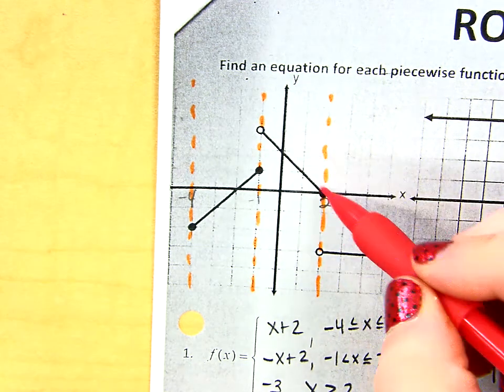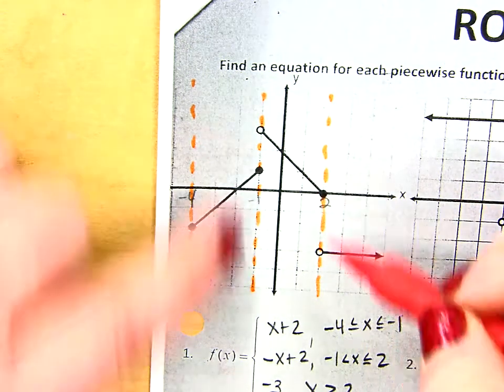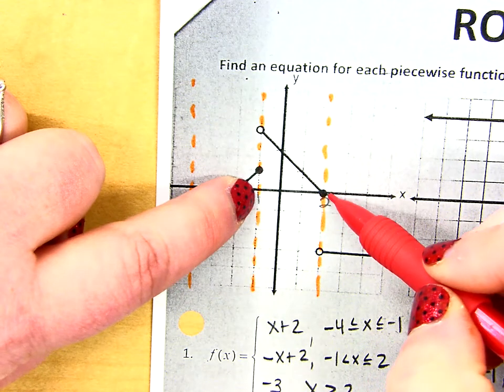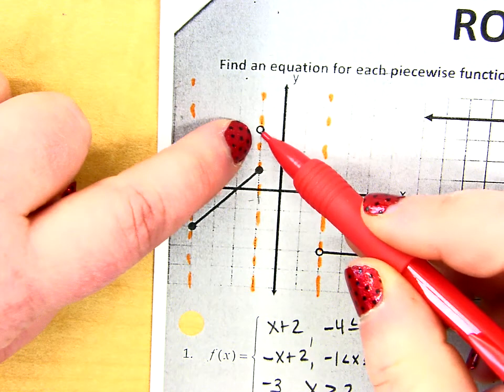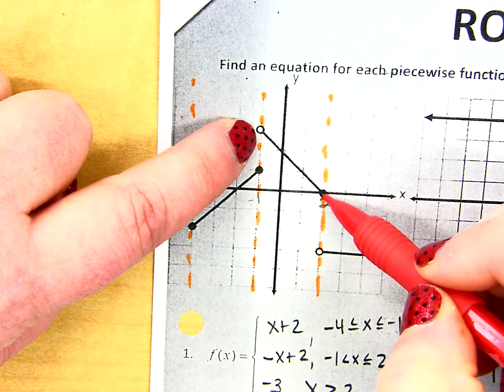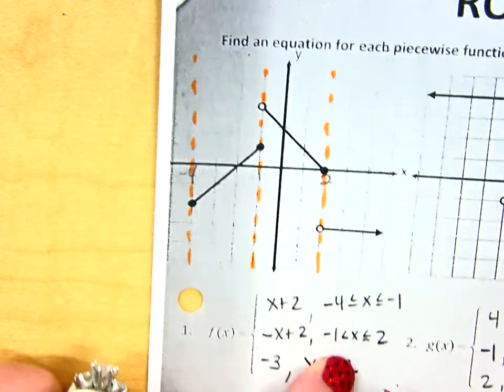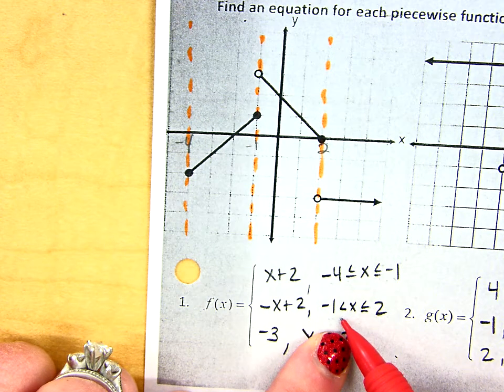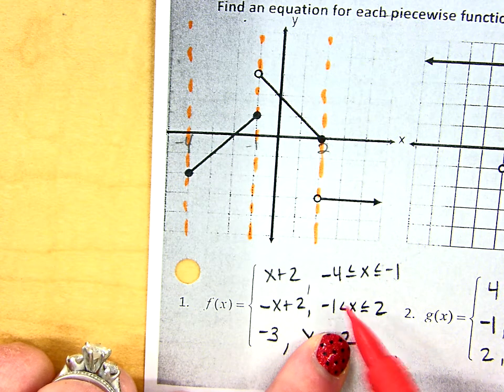Now I move on to my middle area. Again, let's figure out the boundaries. It's going from -1 to +2. Notice that it's open at -1, closed at +2. So that means I have to write my boundary like that. There cannot be a bar underneath in between the -1 and the x, because it's not equal at -1.